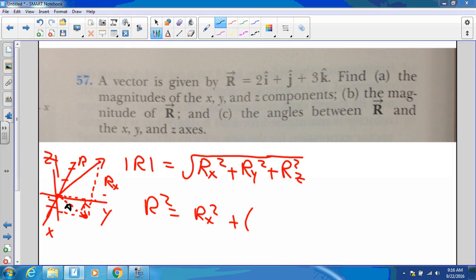Let's call that vector A, which is ry squared plus rz squared. Does that make sense to everybody? Kind of.